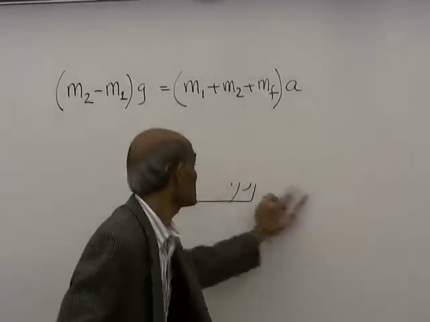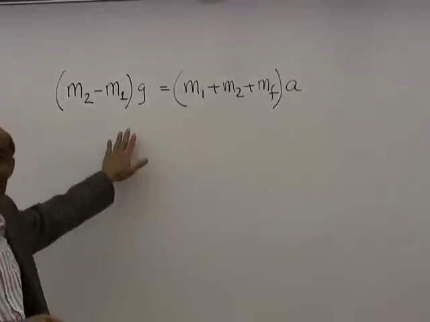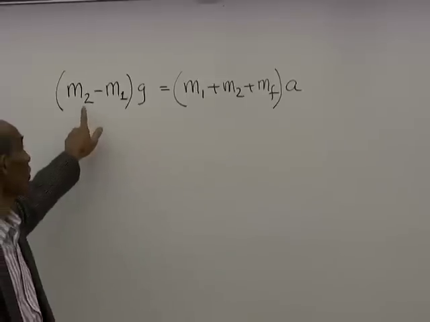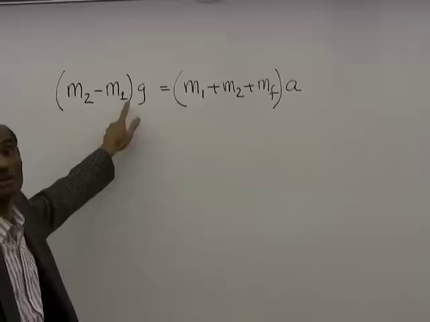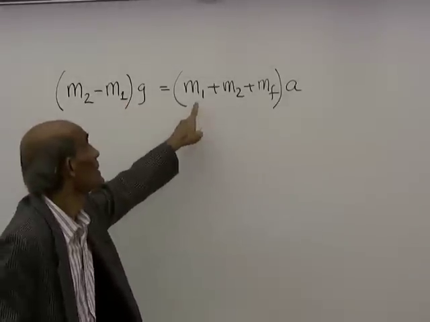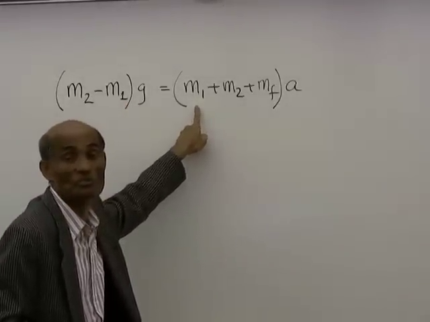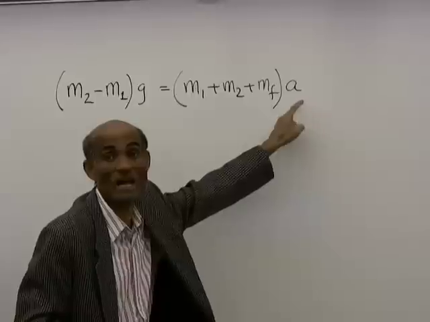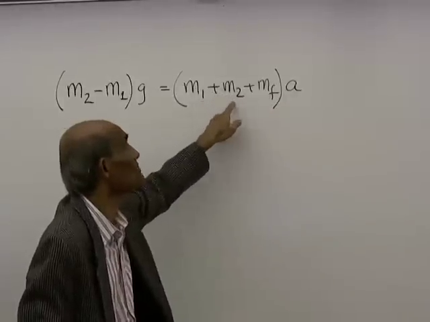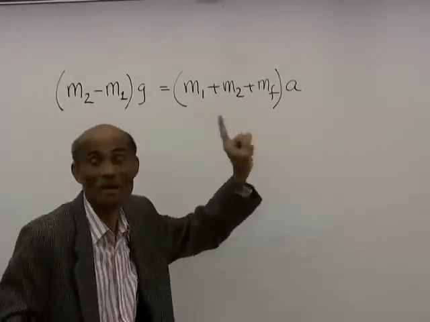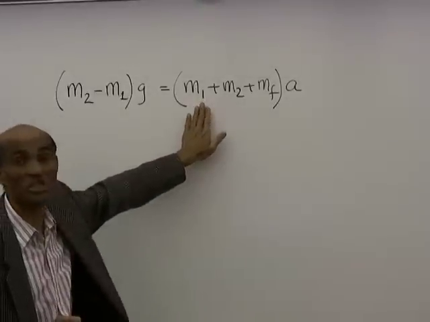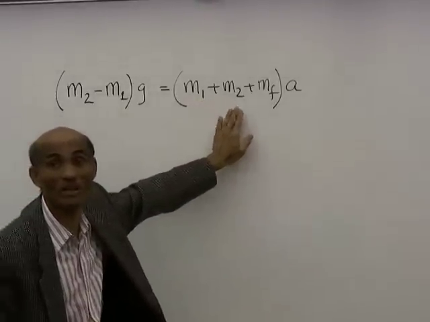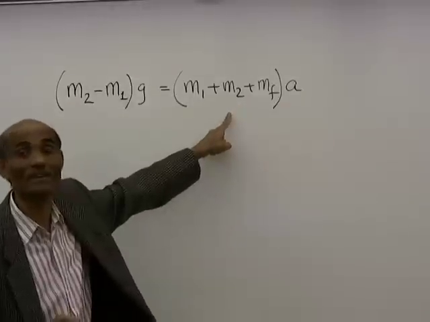Now, the equation for the second part is the same. The net force is provided by m2 minus m1, and that net force produced an acceleration a on m1 plus m2 plus mf. But what's the difference? Well, we did not change m1 plus m2 plus mf, did we?